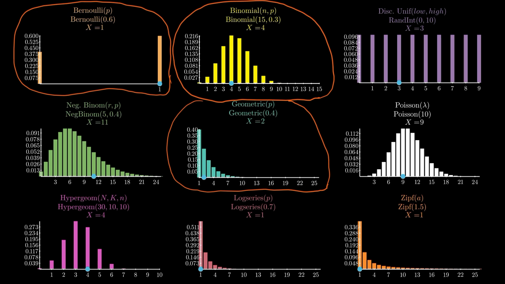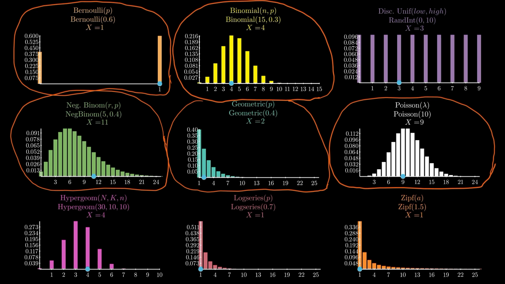And we've seen the negative binomial distribution as the distribution of the number of trials until the rth success. So that's just the Bernoulli process right there. And then with the Poisson process, of course, we've seen the Poisson distribution, giving us the distribution of the number of arrivals during an interval of fixed length.